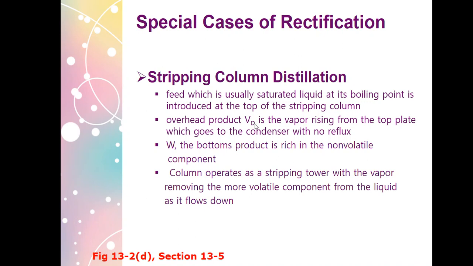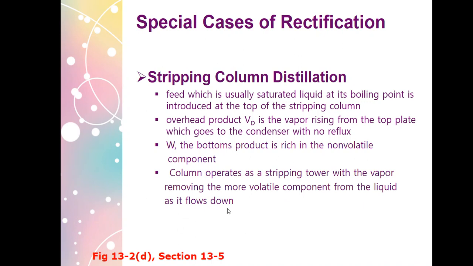Now, overhead product VD here is the vapor rising from the top plate which goes to the condenser with no reflux. It's just like you cut the upper portion of the column, then the vapor that goes up in that portion is directly being converted into liquid using a condenser, and there's no reflux. The W here, which is the bottom's product, is rich, of course, in the non-volatile component. The column operates as a stripping tower with the vapor removing the more volatile component from the liquid as it flows down.